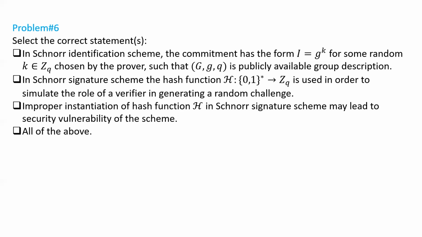So believing in such existence of random oracle, our constructions in the random oracle model are secure, but any improper instantiation of the hash function will lead to security vulnerability of such a scheme. This is true in general for any construction in random oracle. So basically all the statements here are correct.